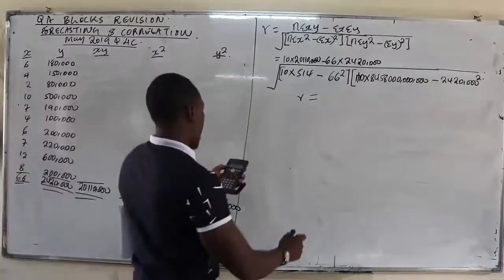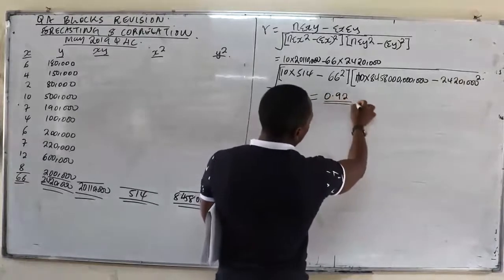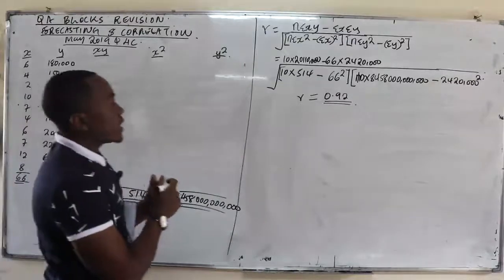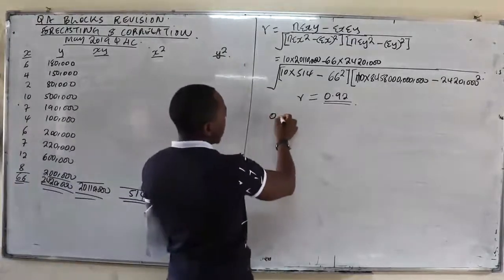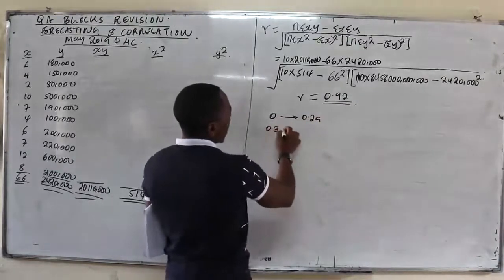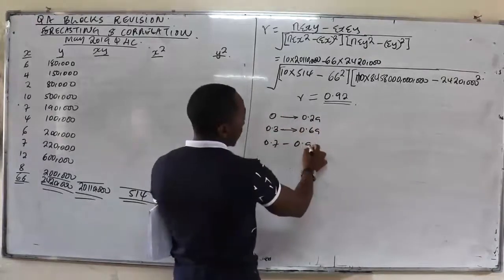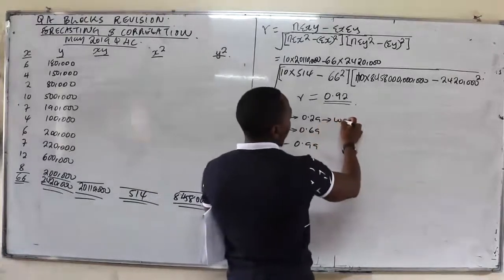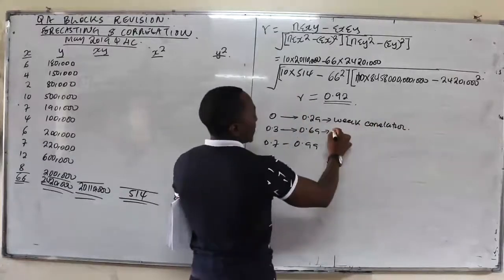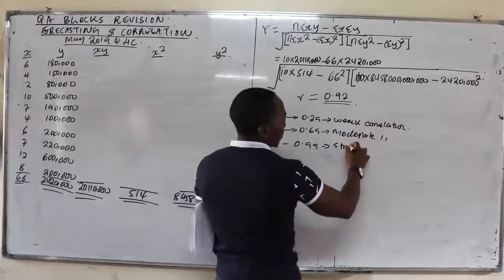You'll have r equals 0.92. So how can we interpret that? We say that if correlation is between 0 to 0.29, between 0.3 to 0.69, and 0.7 to 0.99, we have a weak correlation here, a moderate correlation here, and a strong correlation here.